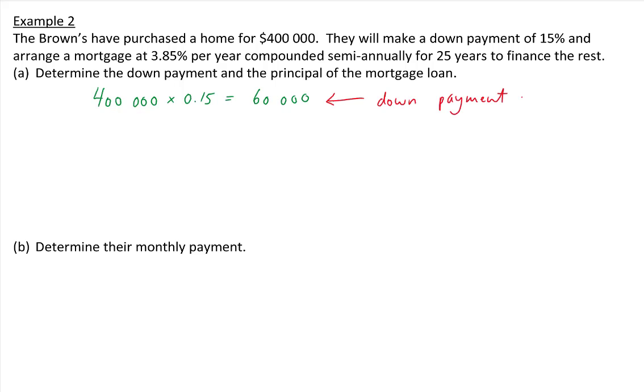So next we need to figure out how big of a loan they require. Well, we're going to take now the $400,000 and minus the down payment, which gives us a total of $340,000 left over. So the $340,000 represents the size of their mortgage.